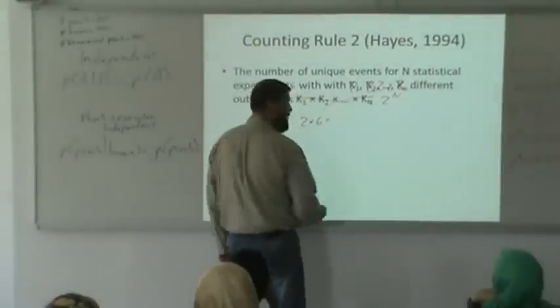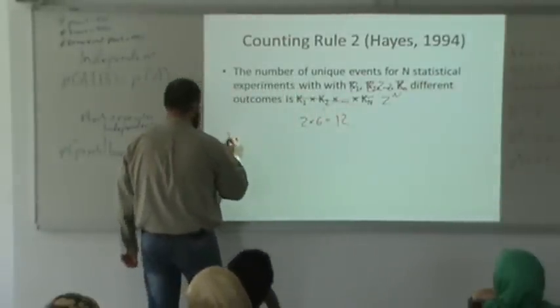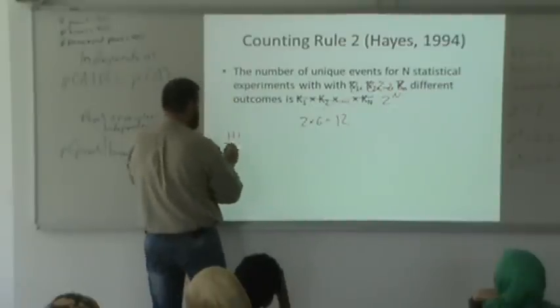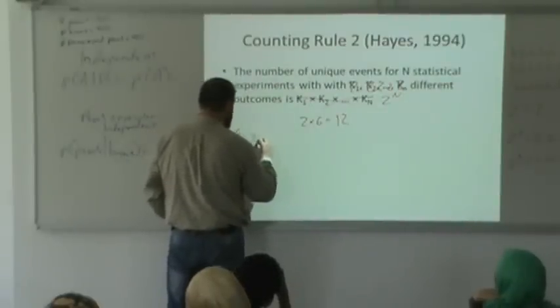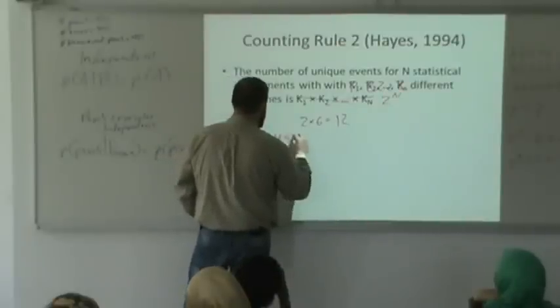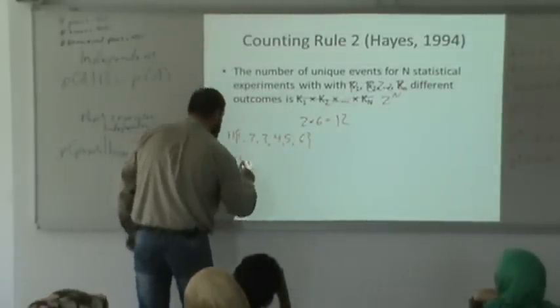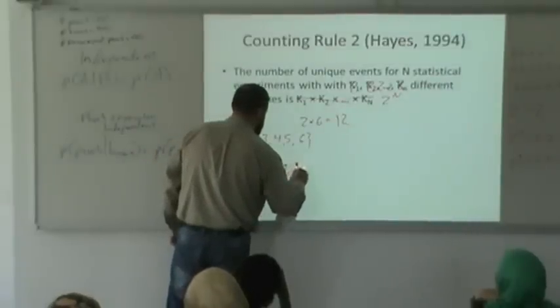So the total number of outcomes, let's see. We can get a heads and a 1. Let's just say all of these are heads: we can get 1, 2, 3, 4, 5, 6. The tails, you can also get 1, 2, 3, 4, 5, 6.